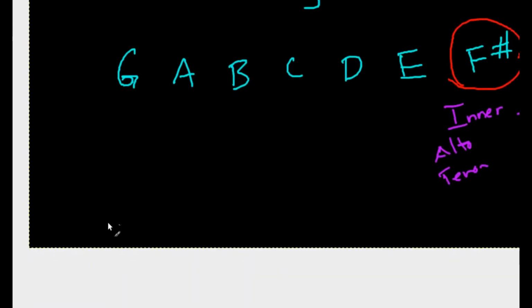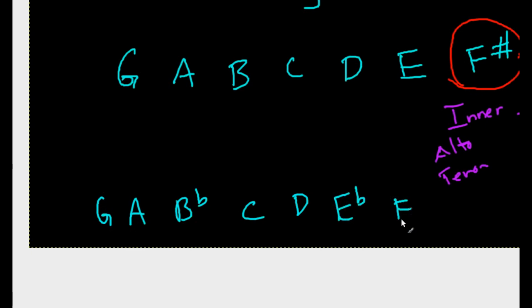So for instance, if this was in two flats, G minor, G, A, B flat, C, D, E flat, that is not an E, E flat, F, for the 5 chord, D, F sharp, A, you would have to sharp that note. So it'll be in harmonic minor, essentially.